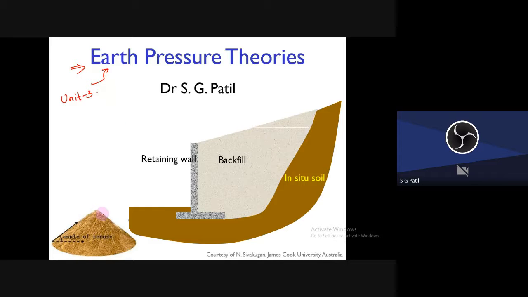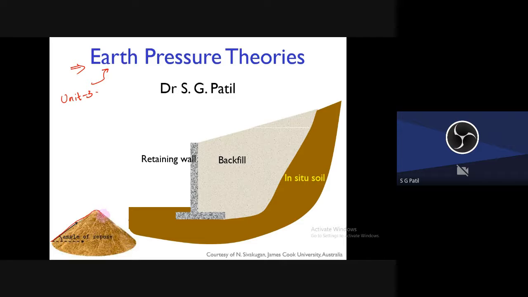So let us consider some soil. If you pour some soil on the ground, without any support, it can stand up to a certain slope. Can you see this slope? On its own it will attain some angle here.